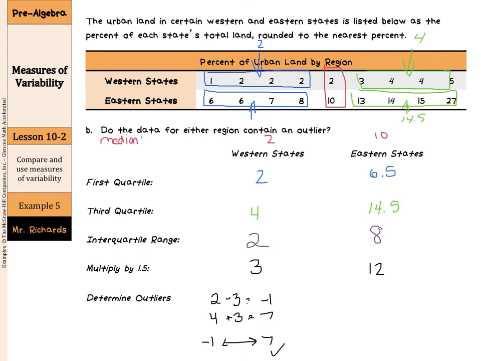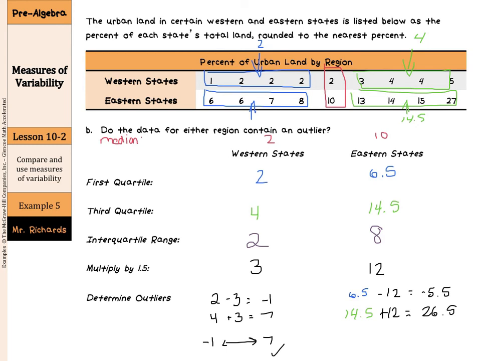And for the western states, they are all between that, so there are no outliers there. Now, for my eastern states, we take that first quartile, which is 6.5. We subtract 12 and get -5.5. Then we'll take our third quartile, which is 14.5, and this time we're going to add that 12, and we get 26.5.